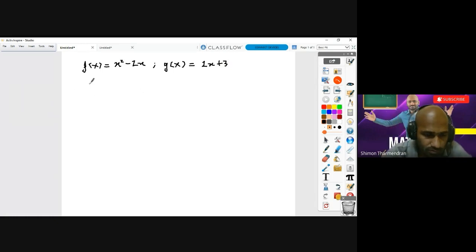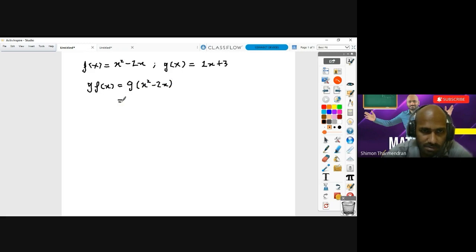So if you want to find gf(x), we've got to input the f(x) function into my g. So g, we just rewrite, and my f(x) is the quadratic function here, which is x squared minus 2x.